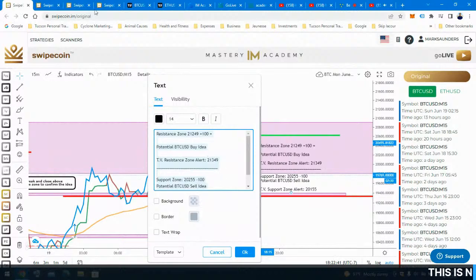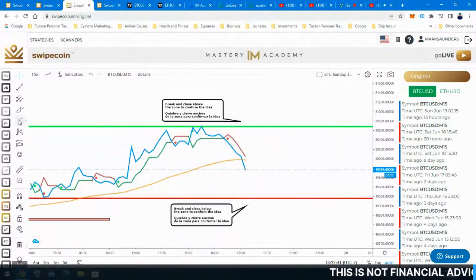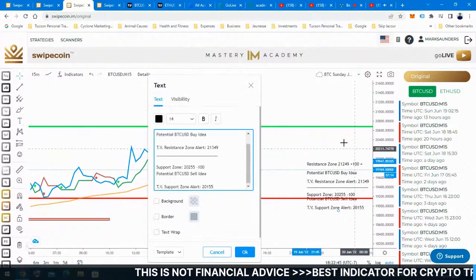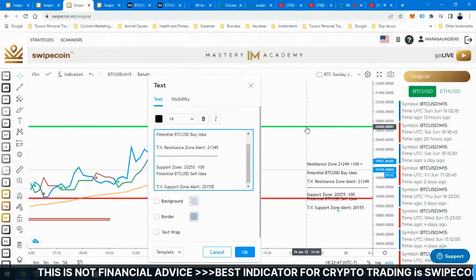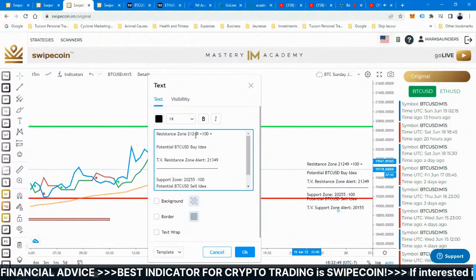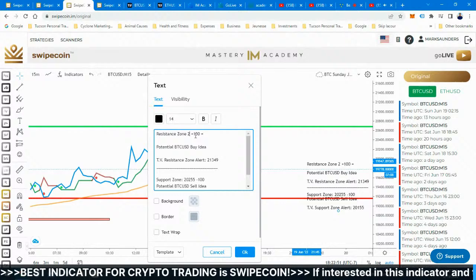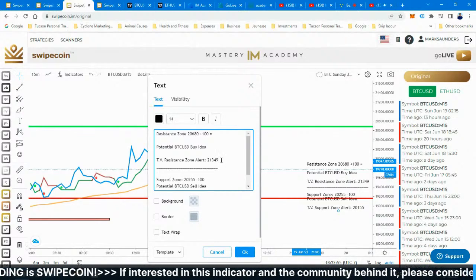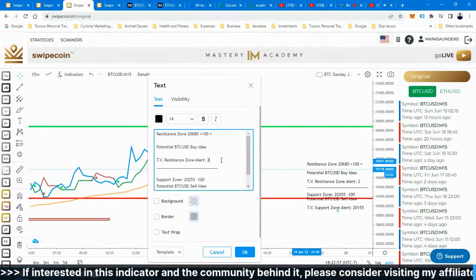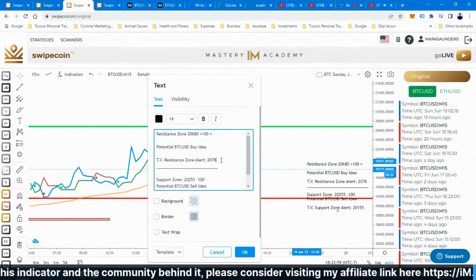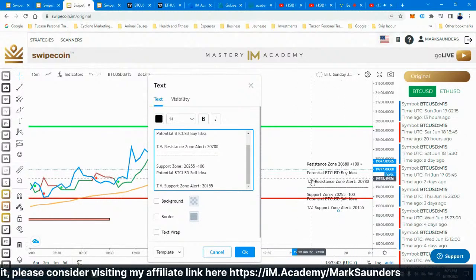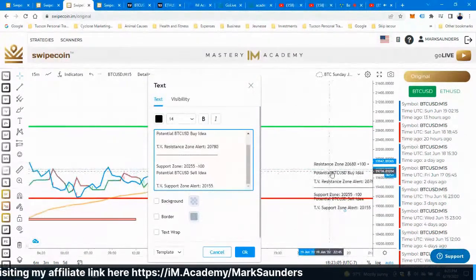Let's see. I'm going to add my text. Okay. So potential buy area around 2680. 2680 plus 100 is 2780, because Sean uses that 100 points to give some cushion.